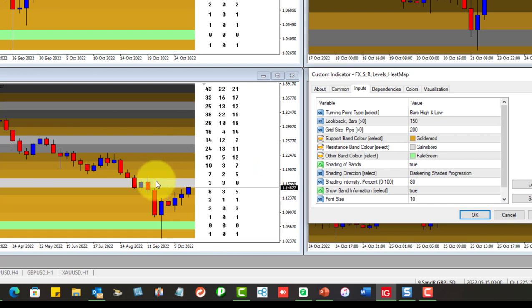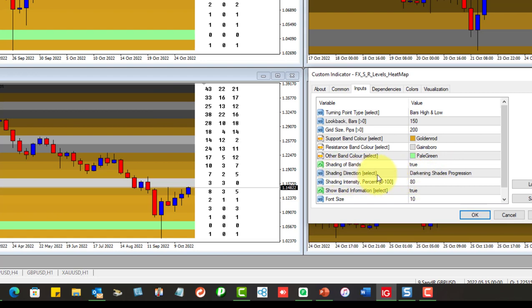So the shading of the bars also helps you to see which ones are the important ones and which ones aren't. And there, for instance, the gray, you can see 22 times it has acted as resistance, and the top one only 13 times has it acted as resistance. So that's how the coloring happens, the shading as we call it there.